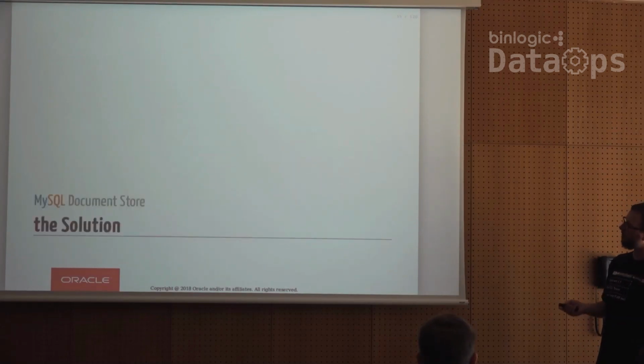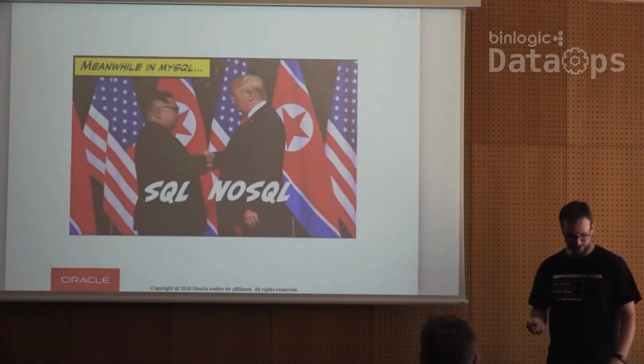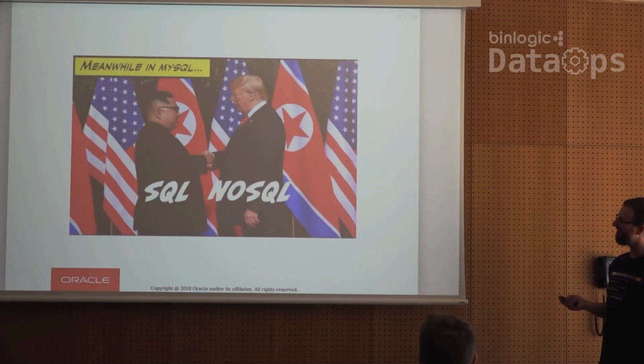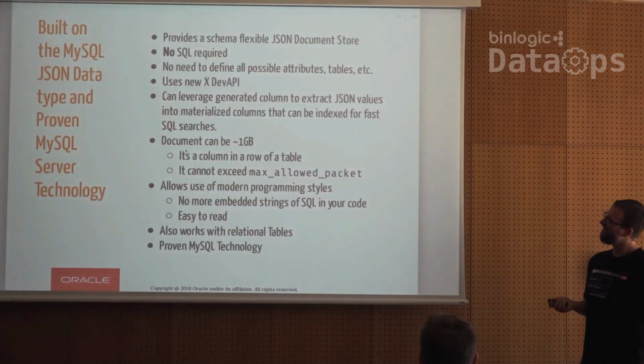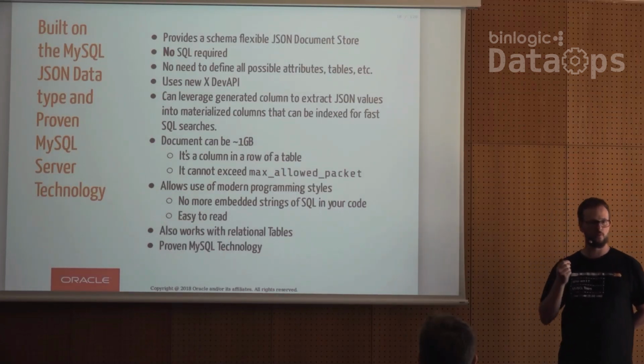So now let's talk about the solution of MySQL Document Store, what it is, right? So it is when SQL and NoSQL met together, right? So in 5.7.6, we started to have this JSON data type. So now in MySQL, we have a specific data type.